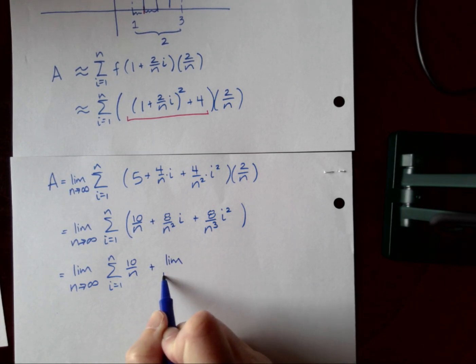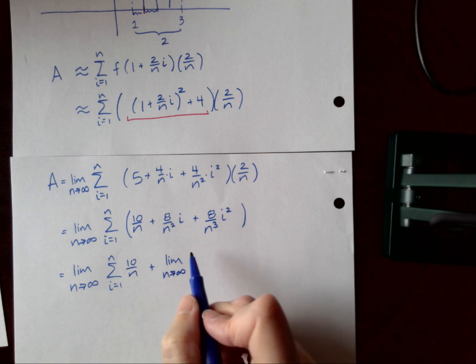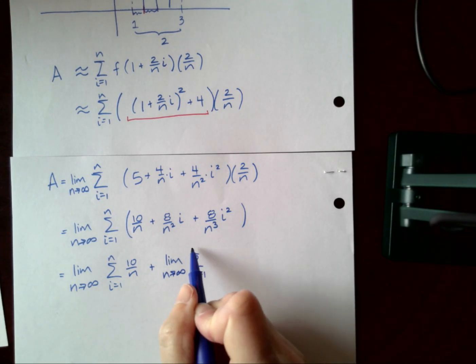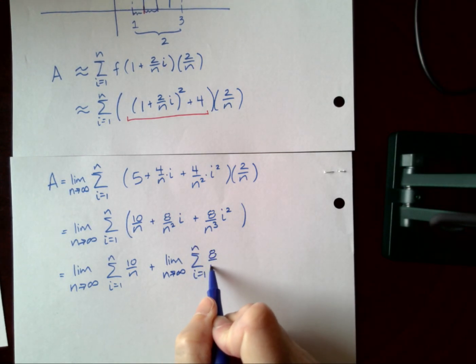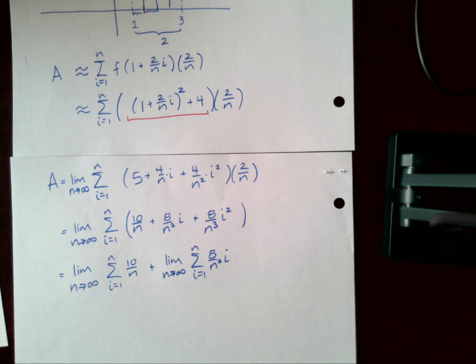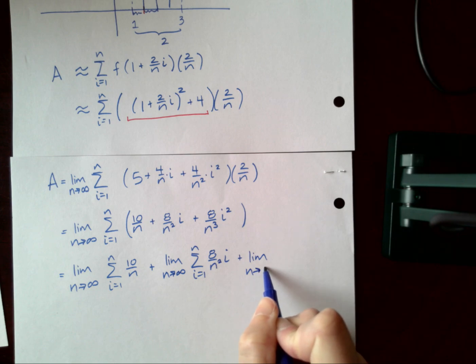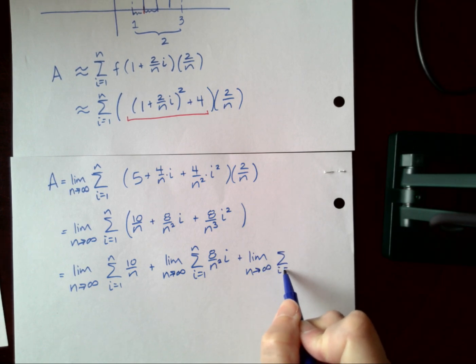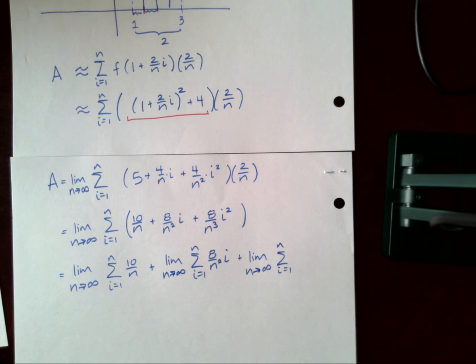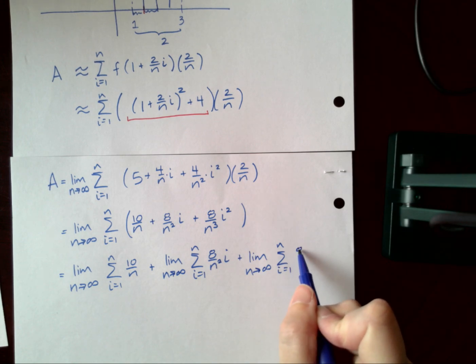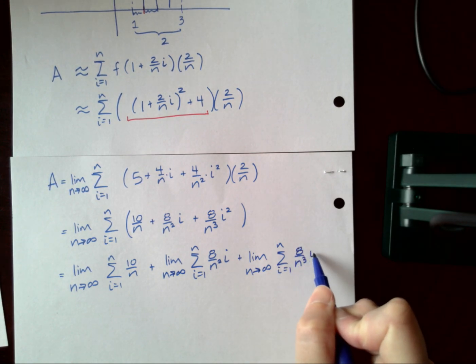The limit as n heads to infinity of the sum, 8 over n squared times i, plus the limit as n heads off to infinity of the sum of i equals 1 to n, 8 over n cubed times i squared.